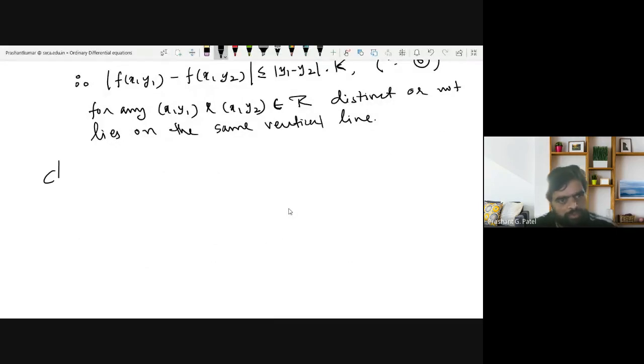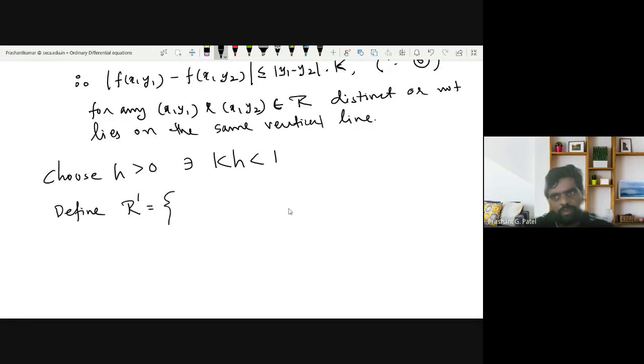So we'll choose h greater than 0 such that k times h is less than 1, and define R dash, which is the set of all (x,y) belonging to R, so it is a subset of R, such that |x minus x0| is less than or equal to h, and |y minus y0| is less than or equal to mh.